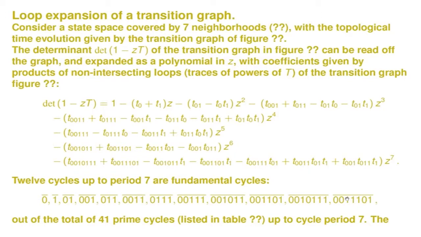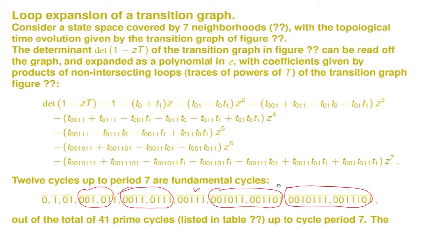They go up to period 7. So we found cycle length 1, 2 of them, cycle length 2, 2 cycles of length 3, 2 cycles of length 4, a cycle of length 5, cycle of length 6, 2 of them, and then we found 2 cycles of length 7, and nothing longer that's not self-intersecting.